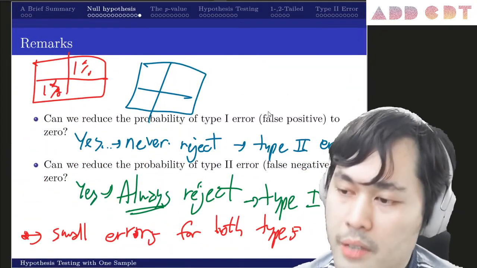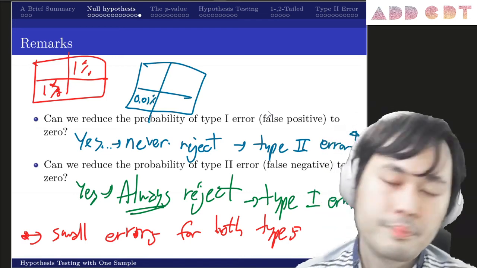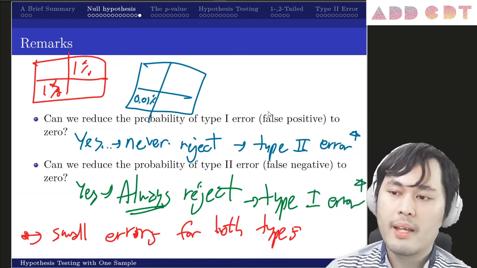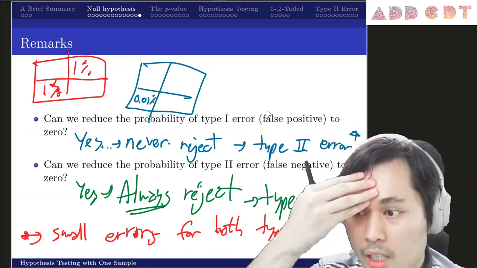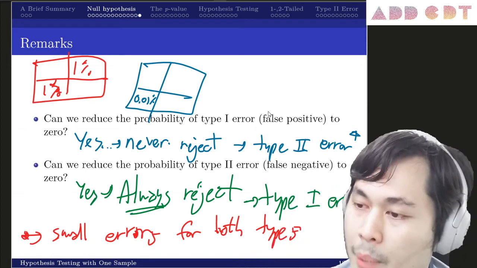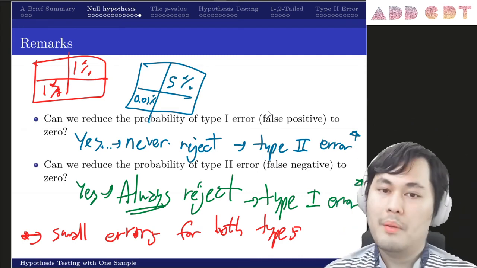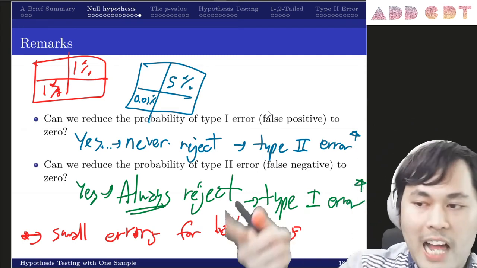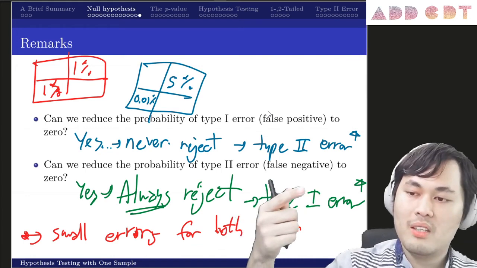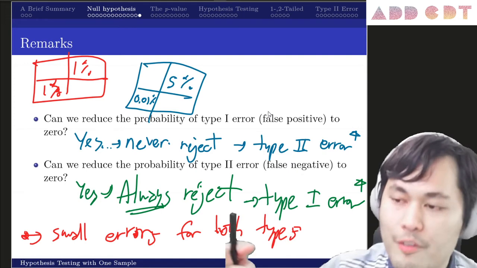We might settle for something like 0.01% here. But that's going to increase the error on the other entry, maybe to 5%. Maybe that works for you. You think 5 is large, but that's a trade-off.